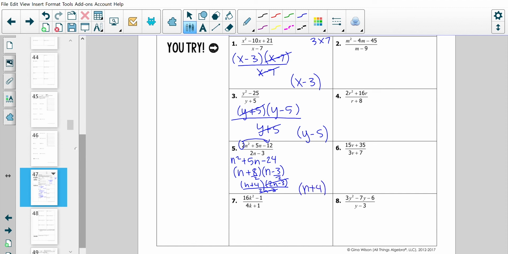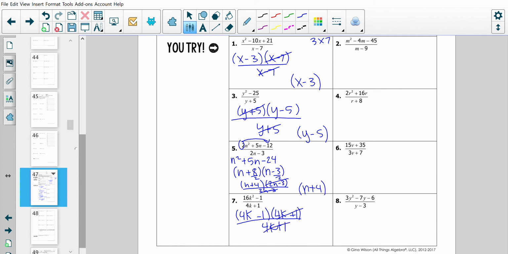Okay, what is number 7 going to be? Difference of squares. So we have 4k minus 1, 4k plus 1. Sorry, not squared; I don't know why I was writing squared. 4k plus 1 on the bottom.